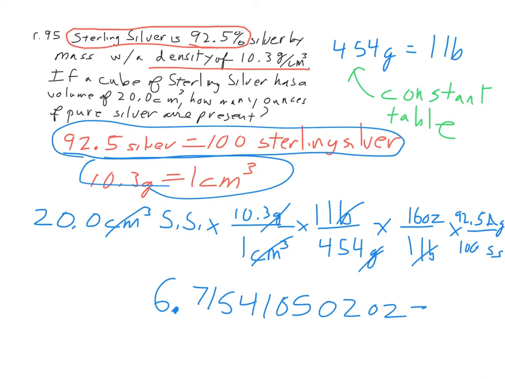Now I have to examine my sig figs here, and when I examine my sig figs, I see 3 sig figs in my density, and I see 3 sig figs in my initial measurement. So I should have 3 sig figs to report. Round on the basis of that 5, and that's going to give me a final answer of 6.72 ounces.